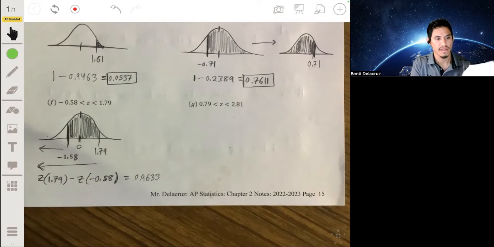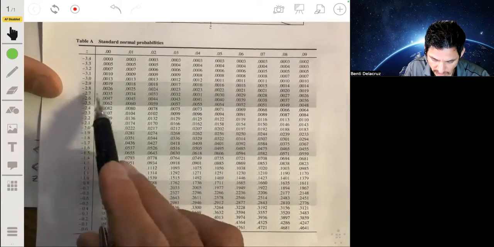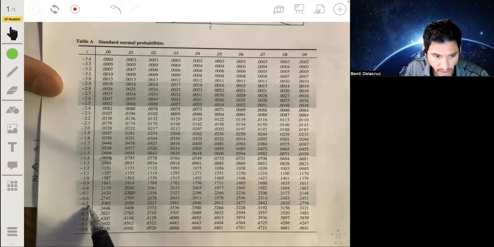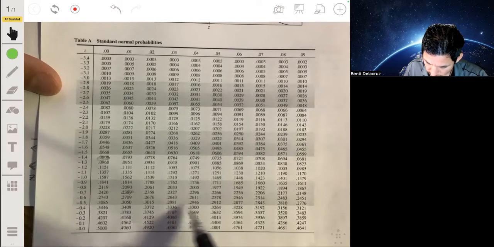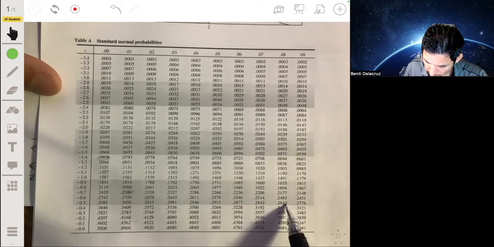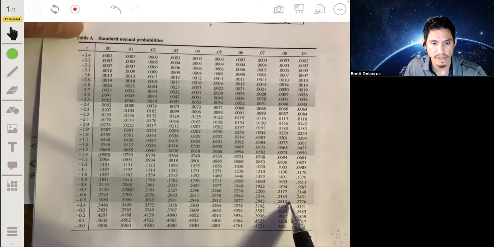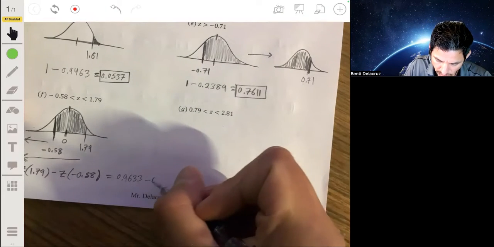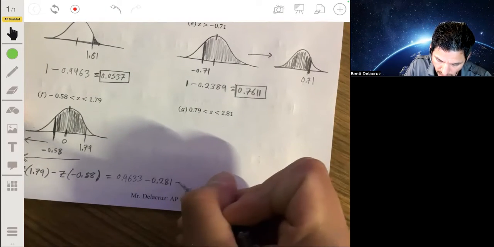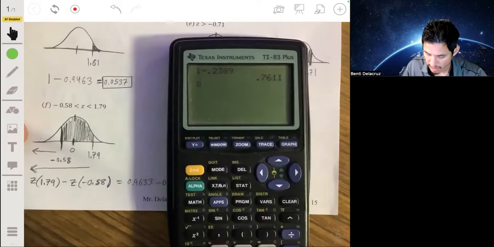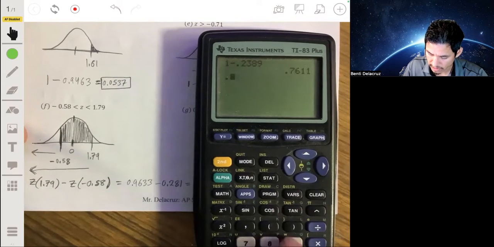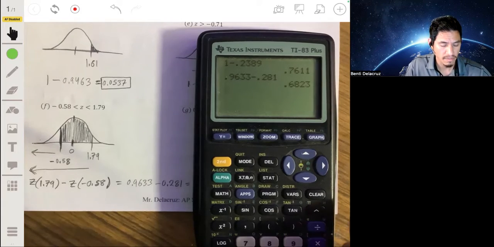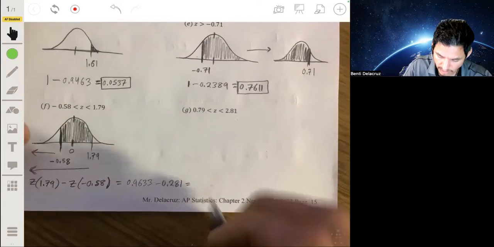So we look at the area to the left of negative 0.58. So negative 0.5. Oh, wait, here, that's going to be 0.281. So we would get 0.9633 minus 0.281, which is 0.6823.